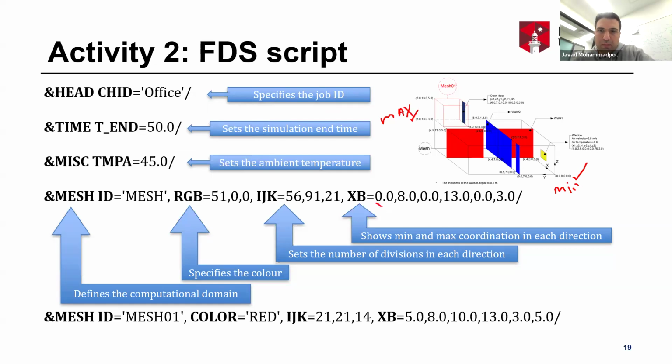The X maximum is 8, so I put 8. The minimum Y is 0. What is the maximum Y? It's 13, the longer length of the office. The minimum height, or Z, is 0. What is the maximum Z? It's 3. So I put them here, and then you just need to close the line. You can start with this symbol and close each line.